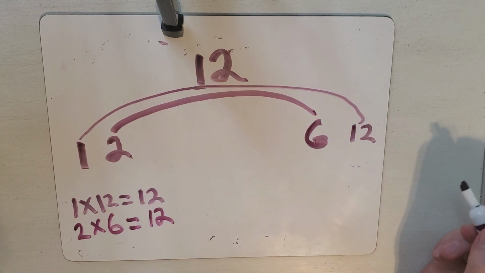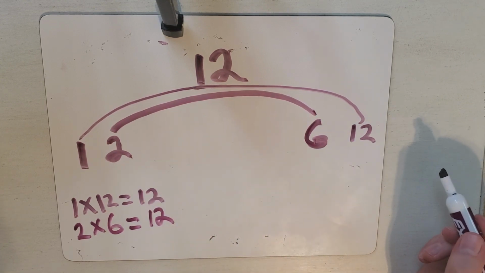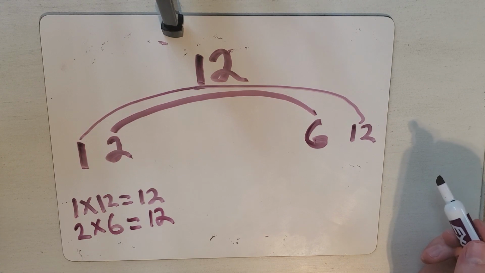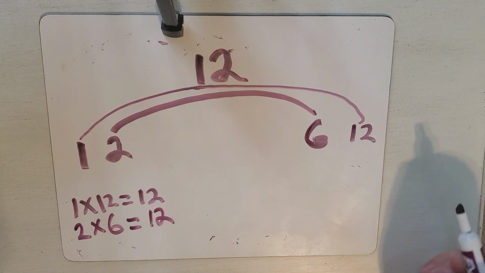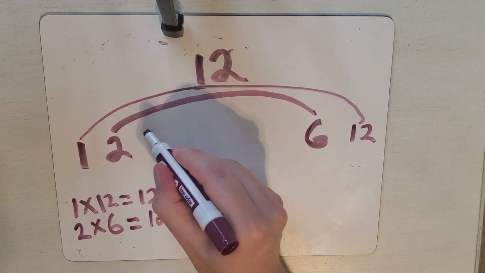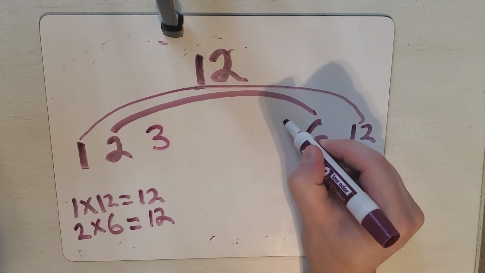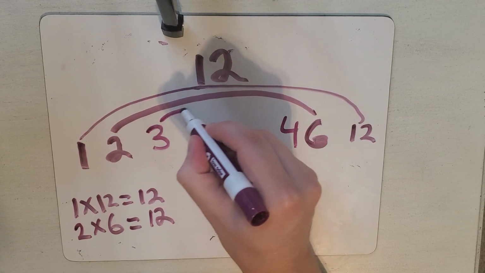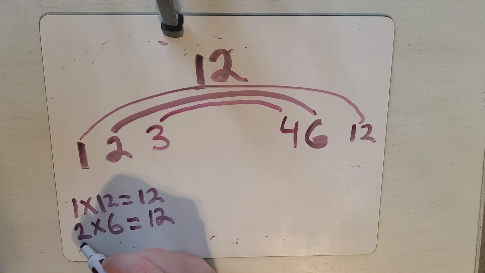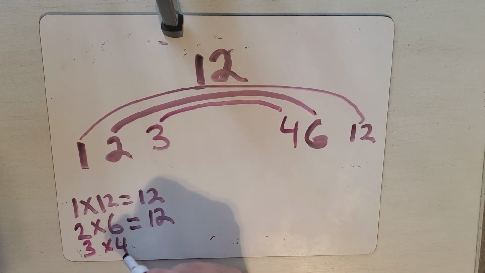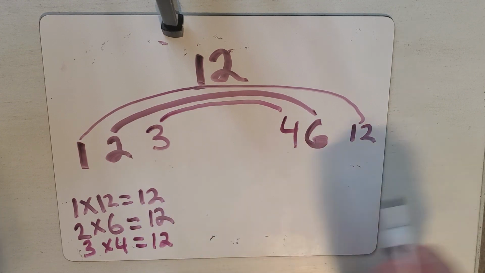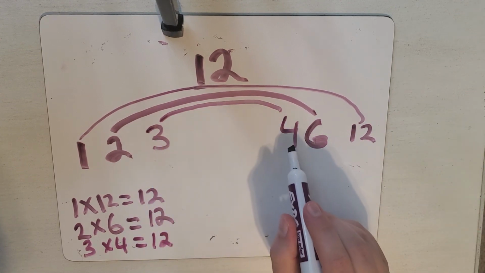All right, then I'm going to go to my next number, 3. Anything times 3? I think 3 times 2 is 6. 3 times 3 is 9. 3 times 4 is 12. So 3 and 4 are both factors. All right, so I got 3 and 4.